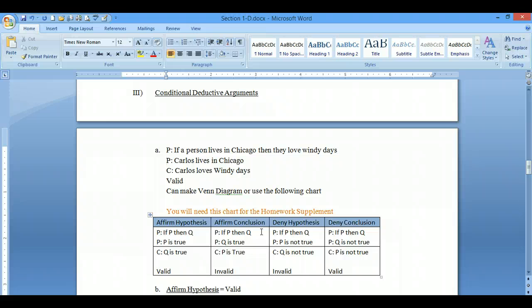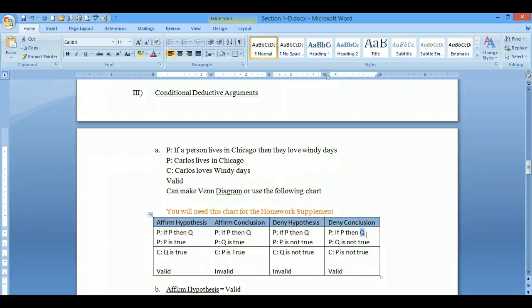And the last one is denying the conclusion. So my premise is if P, then Q. The conditional statement, if, with the hypothesis, then conclusion. These kind of get confusing because a conditional statement has hypothesis and conclusion, or you can think of it as the antecedent and the consequent. And the argument itself, remember our V, starting at the shoulders and coming down, the argument also has a conclusion.